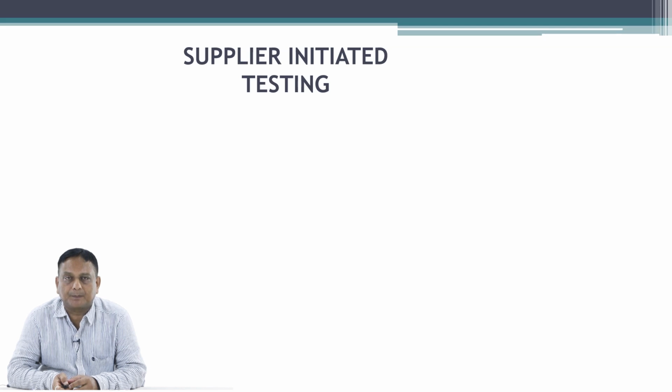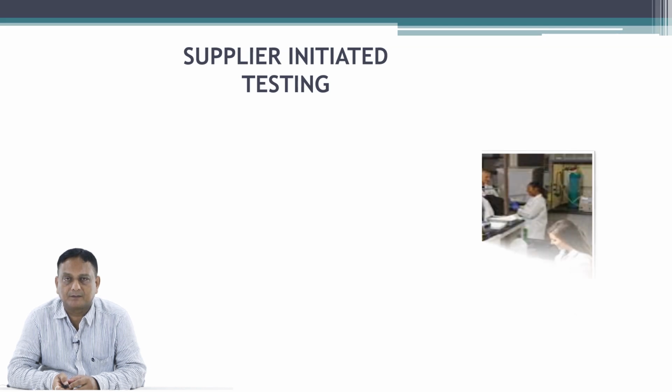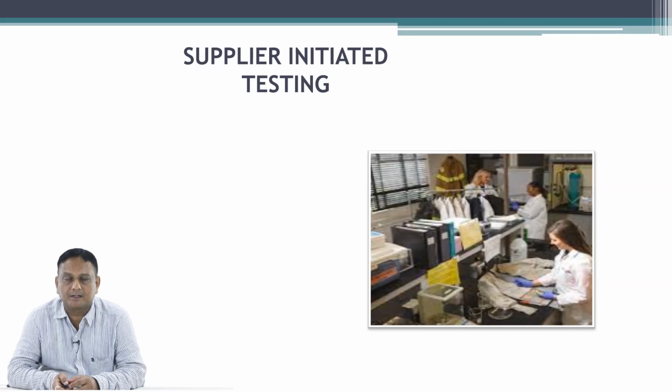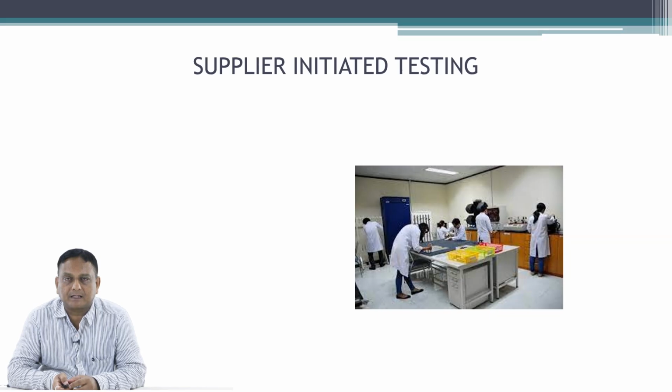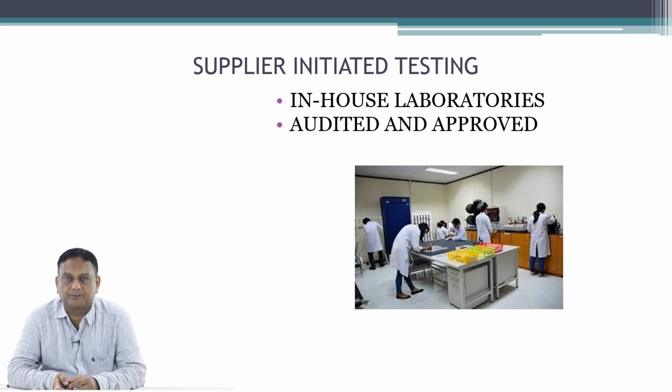Then comes supplier initiated testing. What are the areas covered under this? Supplier initiated testing is done in the supplier's own establishment, which we call an in-house laboratory. The supplier's in-house laboratory must be audited and approved.